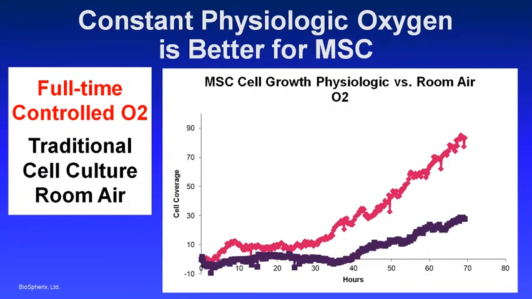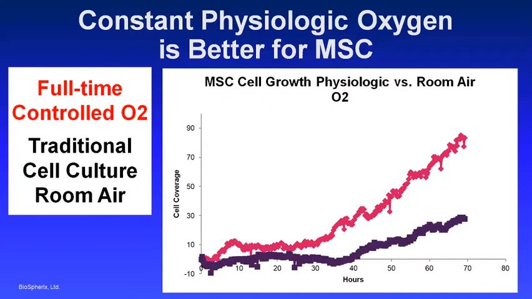So what does it matter to the cells? Let's talk about cytocentric. Let's talk about what we can see back from the cells. Does it matter whether they have full-time control of conditions or not? Well, we have data using human bone marrow MSC, mesenchymal stromal or stem cells, that shows that when you keep them in full-time controlled oxygen, in this case 5% oxygen, as compared to traditional cell culture room air, that's the blue line.